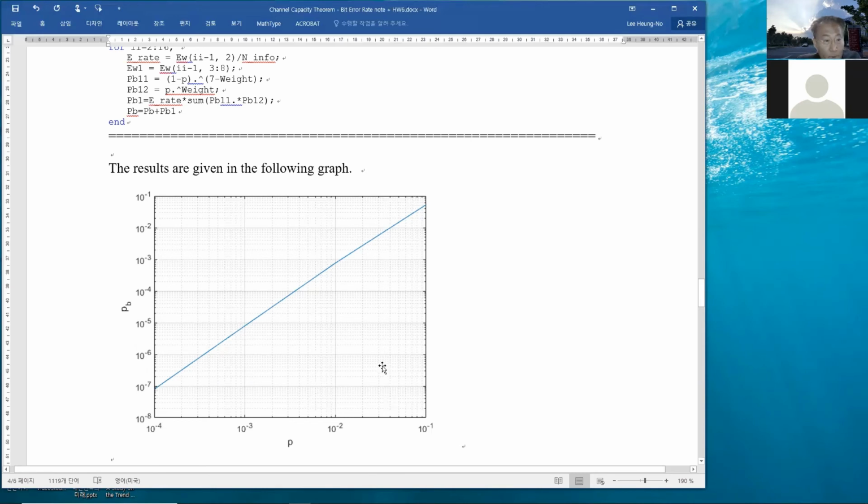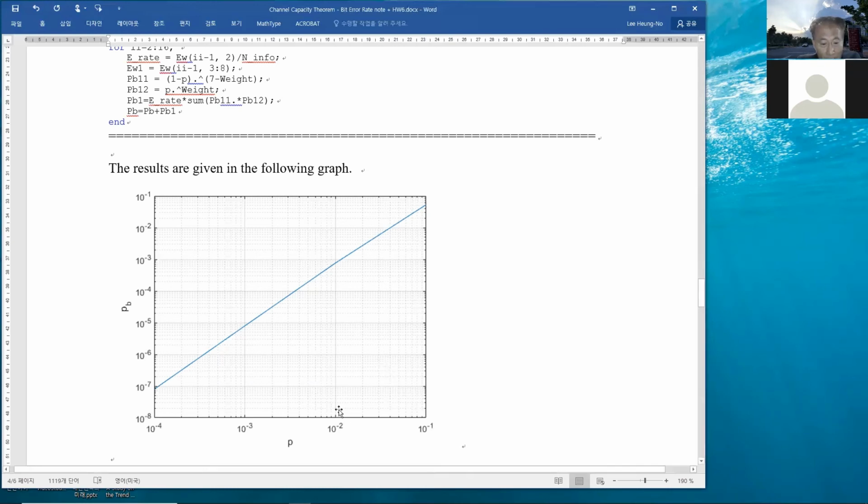But if you use a channel code, for the example of this one, you will improve it by this much. This one is 0.5 times, so 0.05. That is an improvement from 0.1.